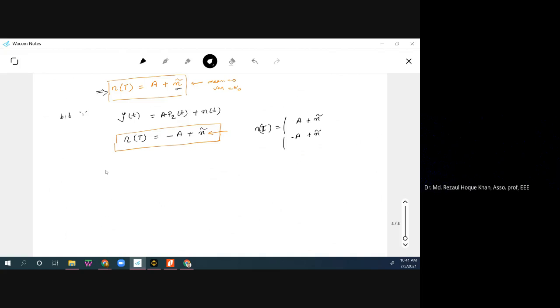Now you see this one, this is a decision rule on R(T). Let me write it nicely. This is our decision rule for FSK, which actually looks similar to BPSK, except our variance is N0 here.